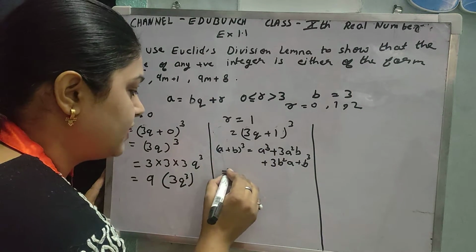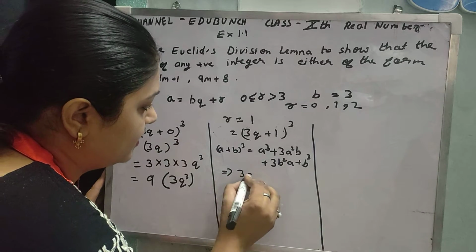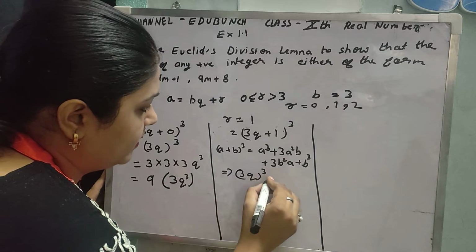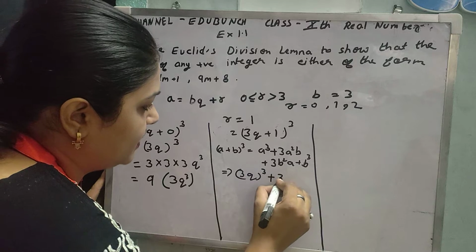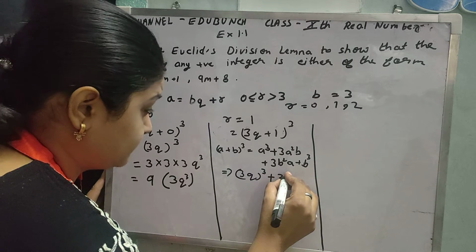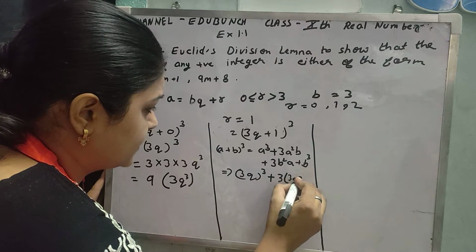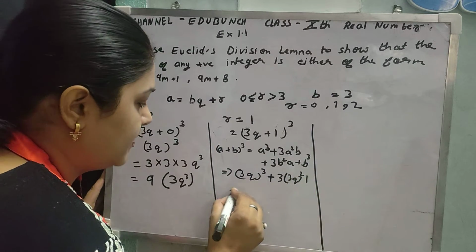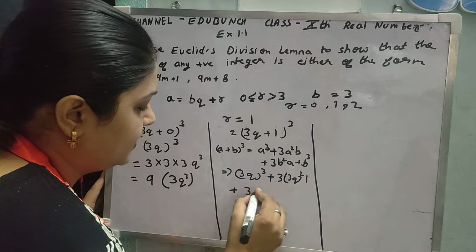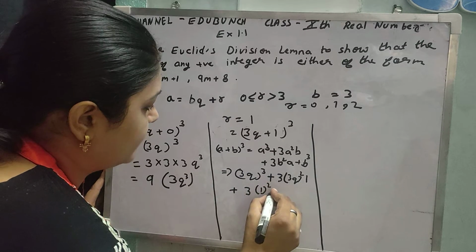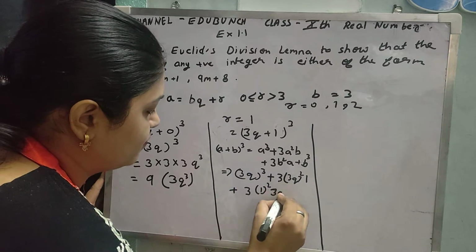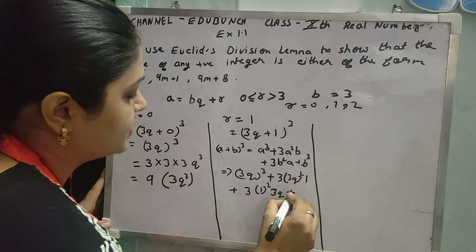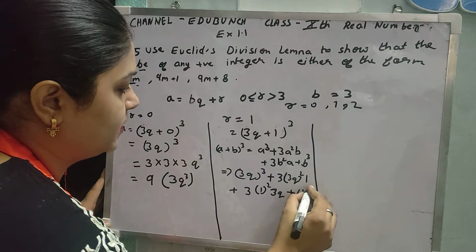So here we are putting the values in the formula. 3q cube plus 3 into a square, where a is 3q, and b is 1, plus 3 b square, meaning square of 1, and a is 3q, plus 1 cube.